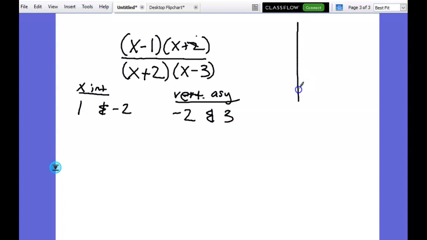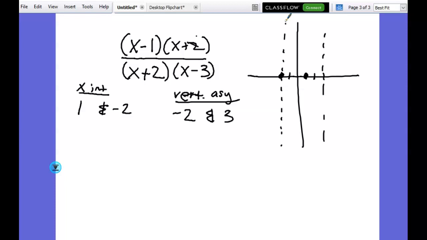Now, if I were to try to graph this, let's see what happens. We have 1 here, -2 here, so it's going to touch there and there, right? And then I should have a vertical asymptote at 3 and at -2. Does anybody see an issue?